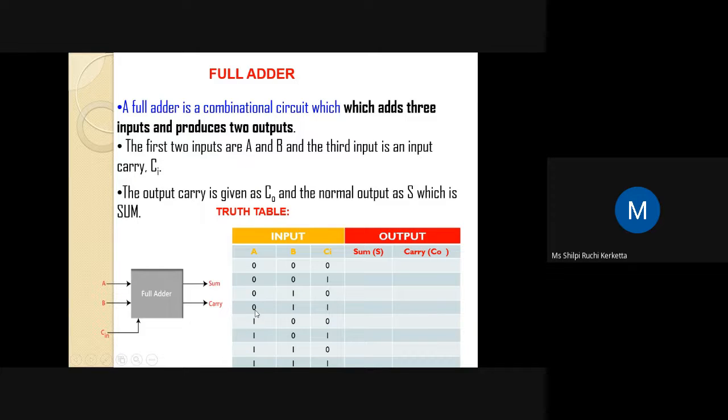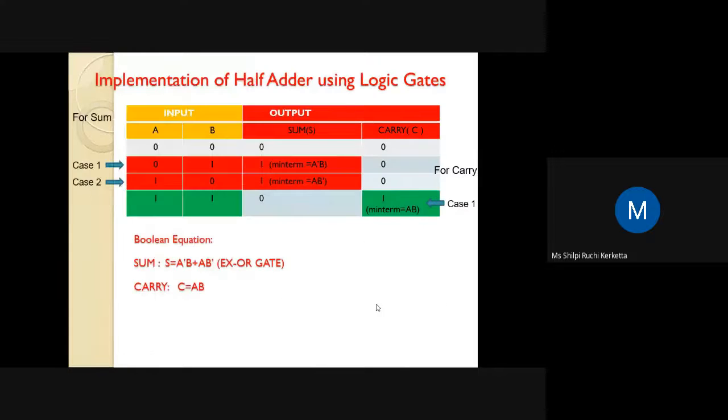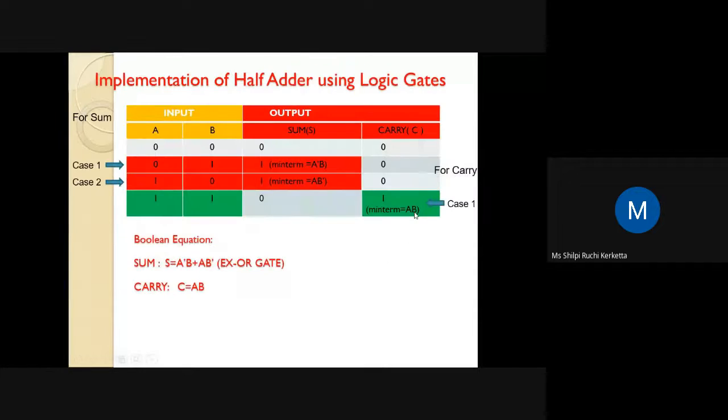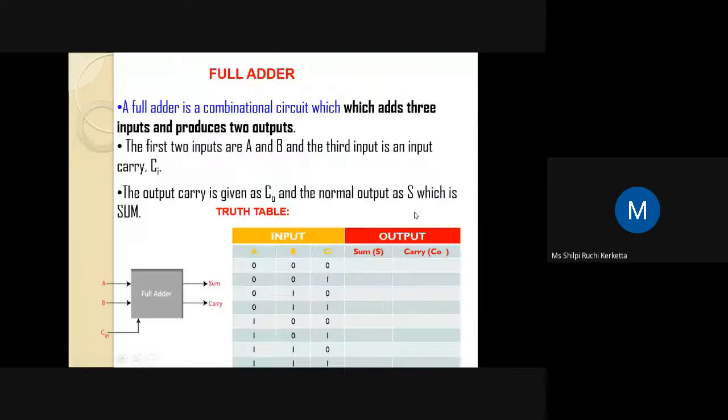If we add 0 plus 1 plus 1, what will be the sum? 0, because here we are adding 1 plus 1. So sum we are getting as 0 and the carry we are getting as 1.